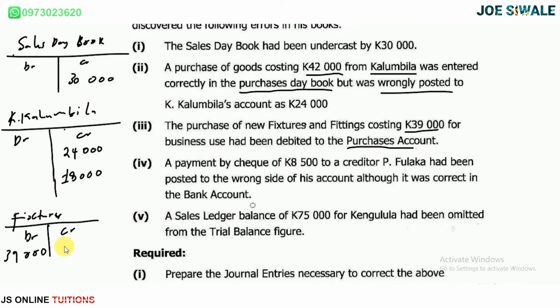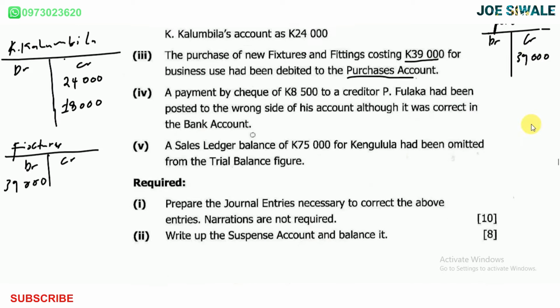And to correct that transaction, in the purchases account, we have our debit and our credit. Since it is recorded on the debit side, it's supposed to be recorded on the credit side for it to be cancelled out. So let us record that.